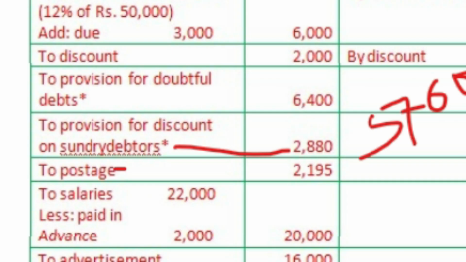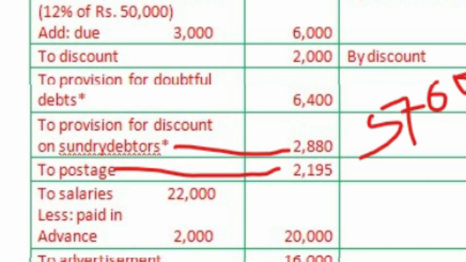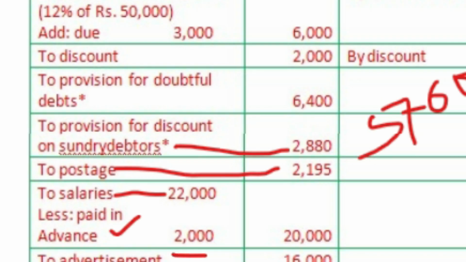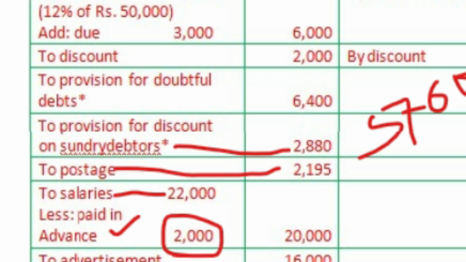And thereafter postage is given 2,195, and salaries 22,000 is given, of which 2,000 is paid in advance. So the amount paid in advance, 2,000, is to be deducted, because it is an advance payment. Any expense paid in advance, or any amount received in advance, is not to be considered as expense or income of that particular year, and that is why it is deducted.